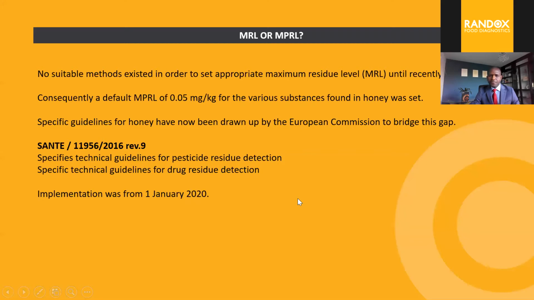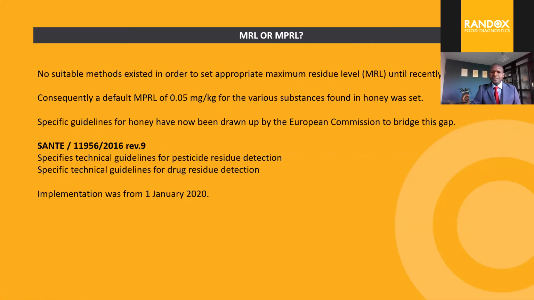But when you talk about MRLs, no suitable methods existed before for putting up an MRL for any specific substance in honey. However, there was a general approach for MRL definition, which was about 0.05 milligrams per kilogram for various substances that are found in honey.